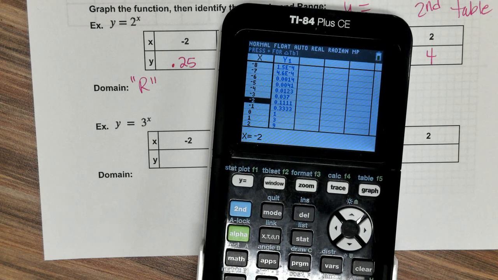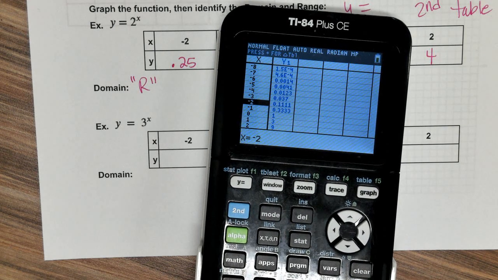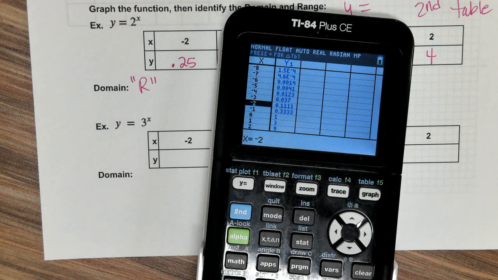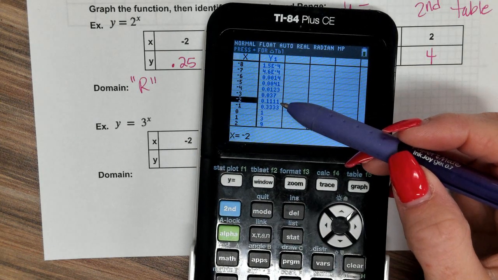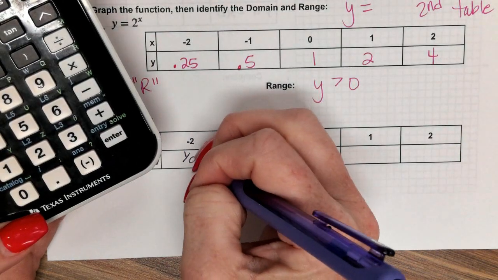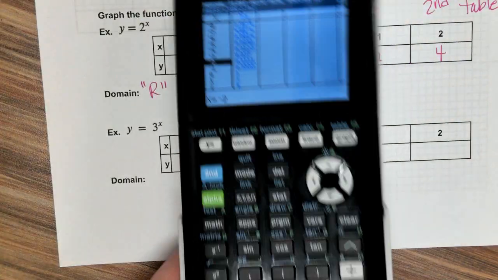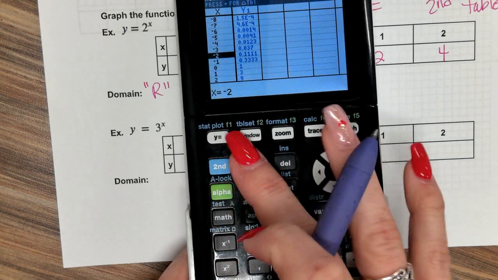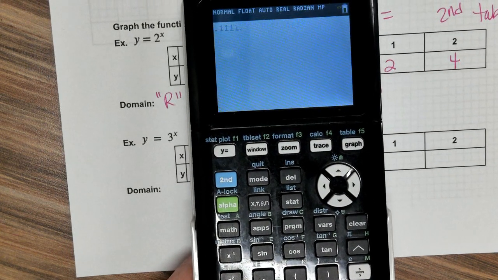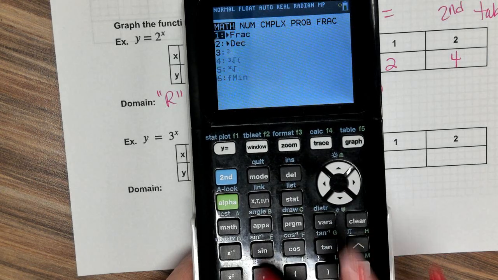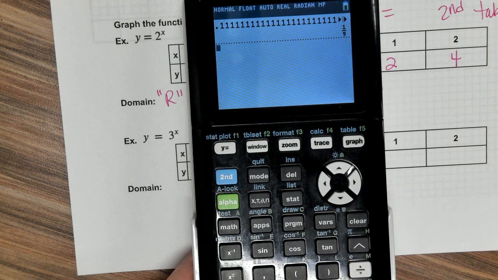Do y'all know what 0.1 repeating is? What is 0.1? As a fraction, what is 0.1 repeating? Nope. It's a 9. I think you can go to your home screen and type in a bunch and then hit math, fraction, enter, and it'll tell you.